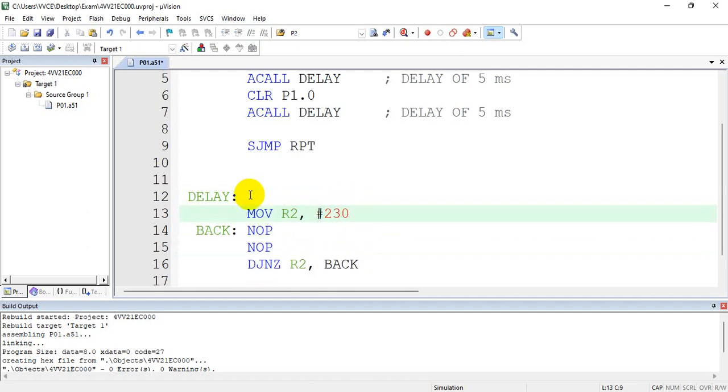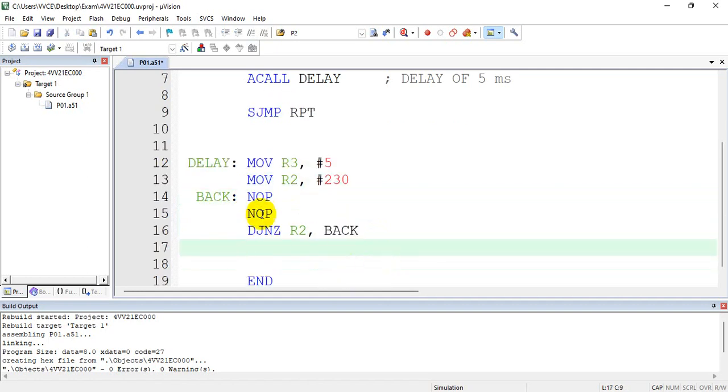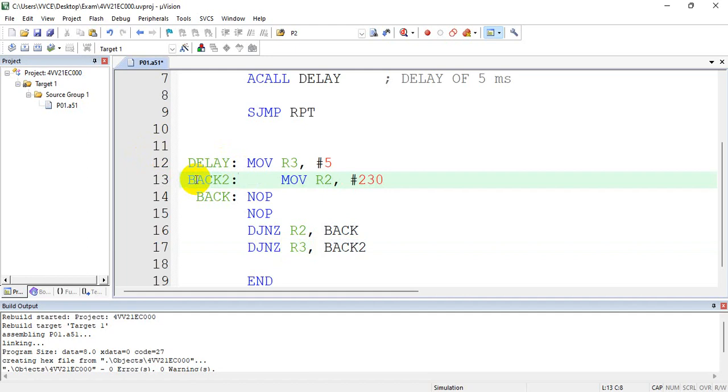So for that, what should I do now? I will initialize one more register with #5, and I will repeat this entire 1 millisecond code 5 times. So DJNZ R3, back2. Now this will give me a delay of 5 milliseconds.